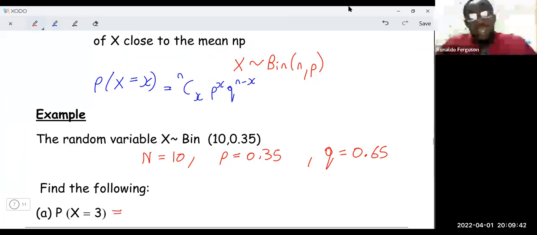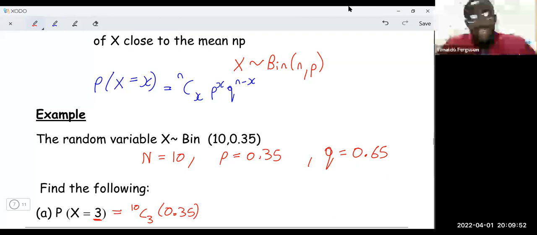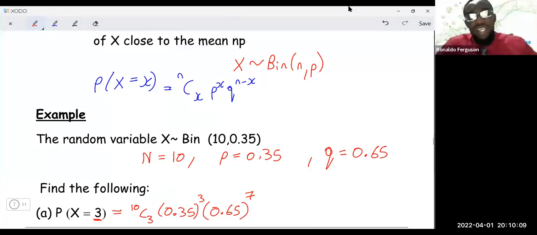Our n is 10, so 10C3, since x is 3 here. p, which is 0.35, to the power of 3, times q, 0.65, to the power of n minus x. n minus x is 10 minus 3, which is 7. Notice when you add the 3 and the 7, you must get back the original number n, which is 10.